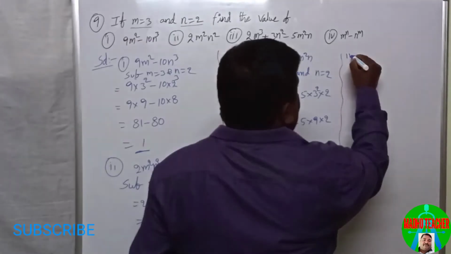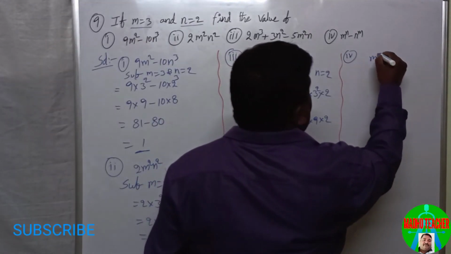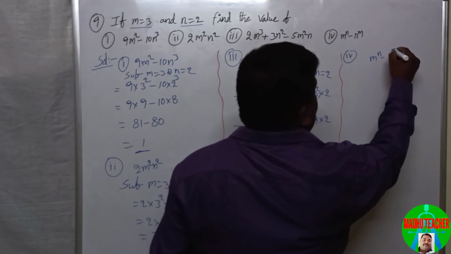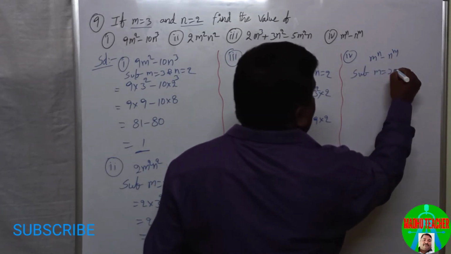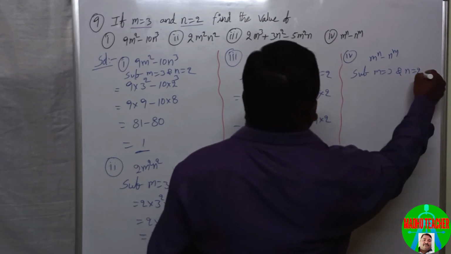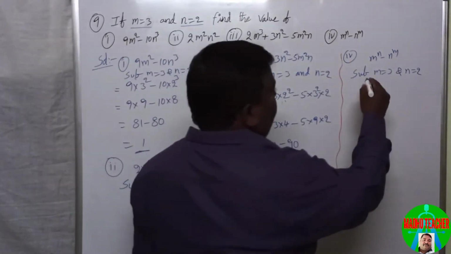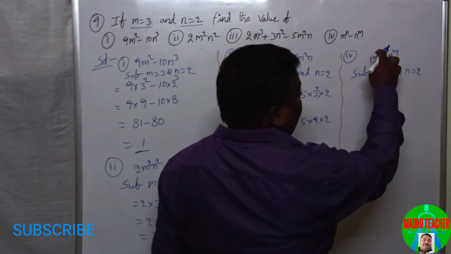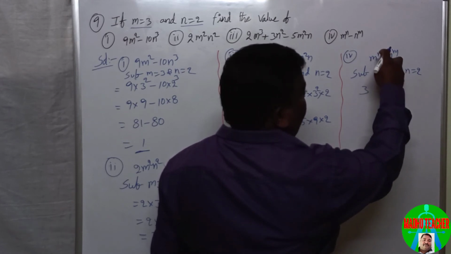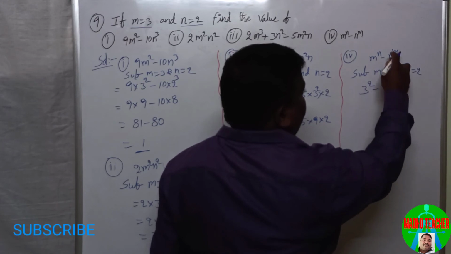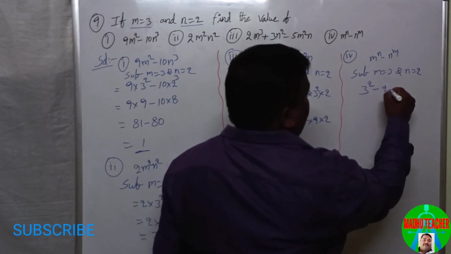Fourth one is, what is the fourth one? m to the power of n minus n to the power of m. Substitute m equal to 3 and n equal to 2. That is m power n, 3 to the power of n, that is 2, minus n, n is 2, m 3.